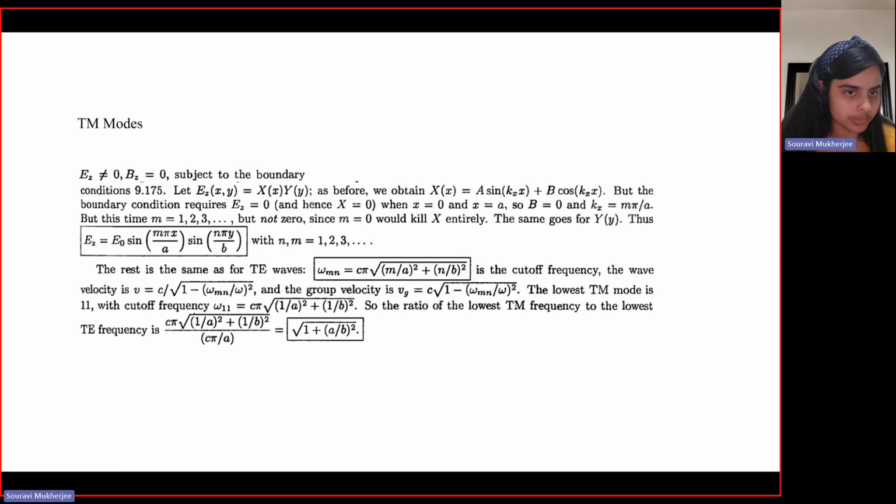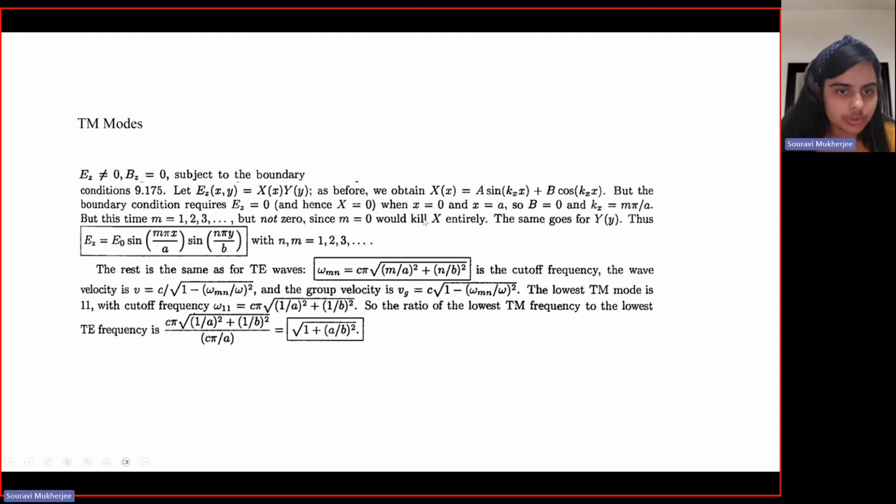They cannot be 0, and the rest is the same. So the expression for the cutoff frequency is the same. But if you are asked what is the lowest TM frequency, then you have to put m and n to be 1, while there you had put n to be 0 and m to be 1. That's the only difference that you are seeing here. Other expressions remain the same.